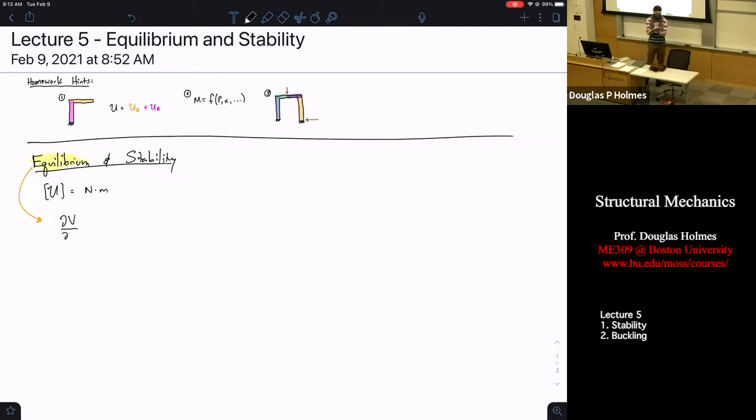We're going to call it Q. But it's going to be either a displacement or an angle, depending on what's happening in your problem.